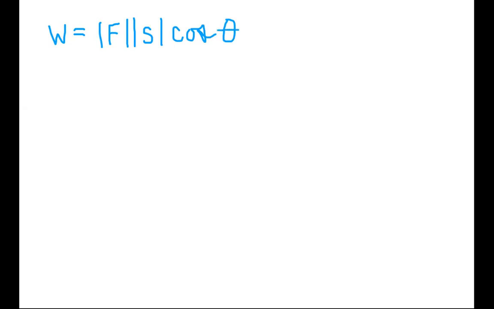Another way we can look at it is in terms of energy. So we know that work is equal to the change in kinetic energy, or kinetic energy final minus initial. Okay. Are there any other equations that we need to remember?